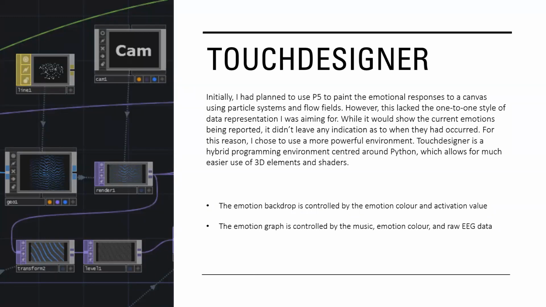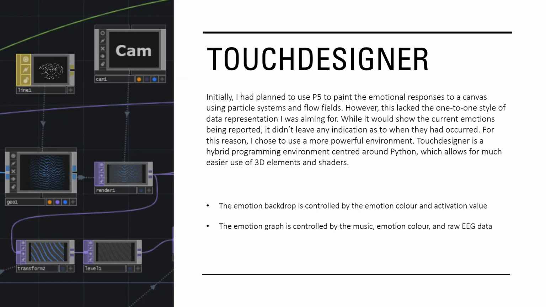TouchDesigner is a hybrid programming environment centered around the Python programming language, and it allows much easier and more accessible use of 3D elements and shaders, so it's a lot more suited to this kind of visual work. The emotion backdrop is controlled by things like the emotion color and the activation value, and the emotion graph is controlled by the duration, how long it takes.